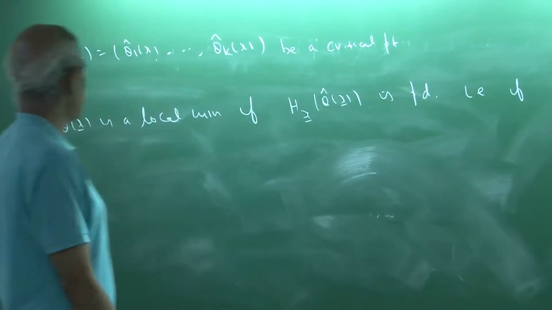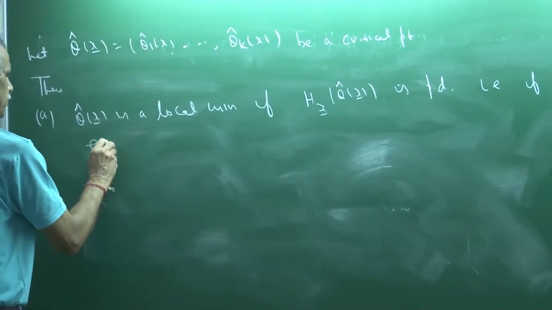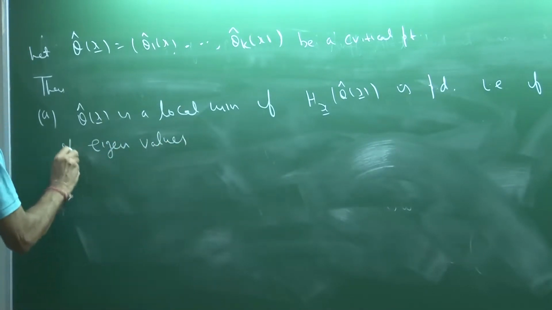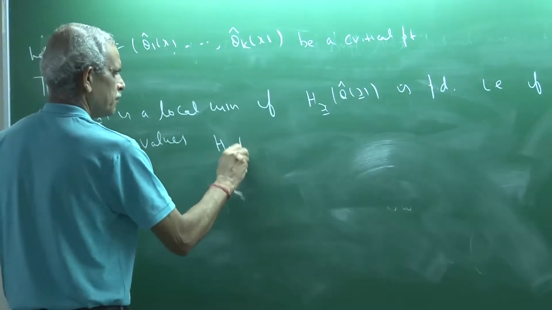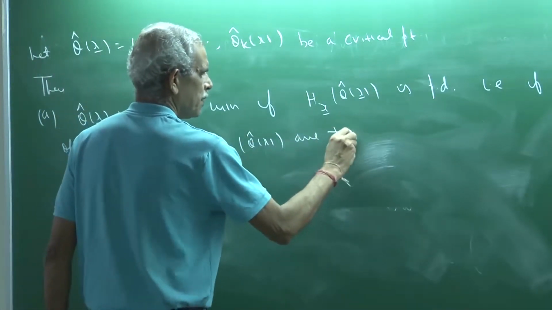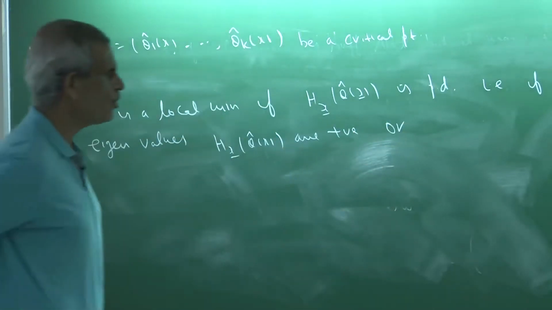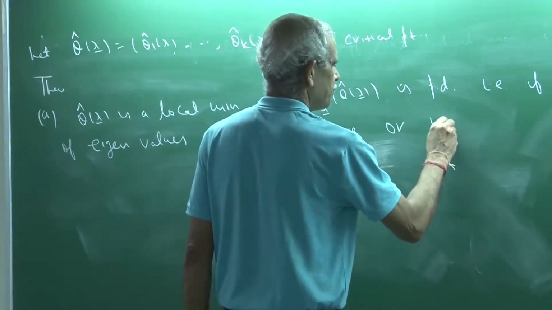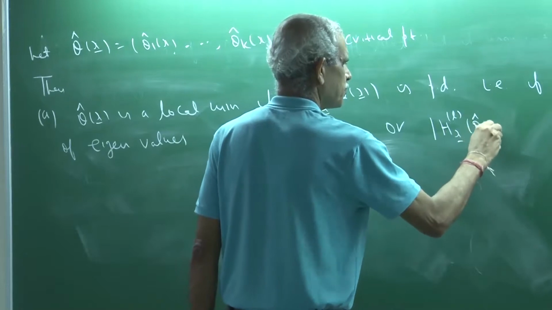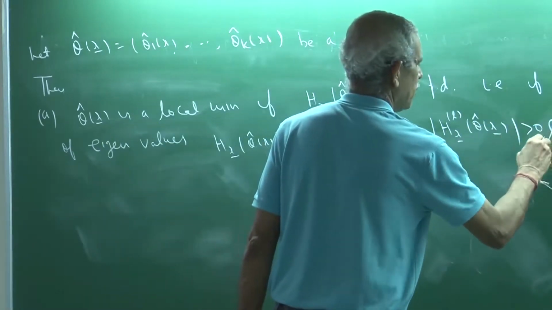Or, in other words, all eigenvalues of Hx(theta hat) are positive, or the determinant of each of those matrices is greater than 0 for l equal to 1 to k.